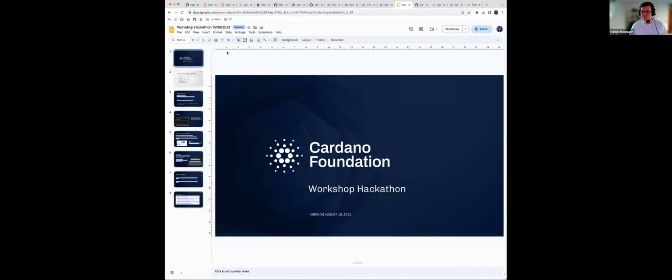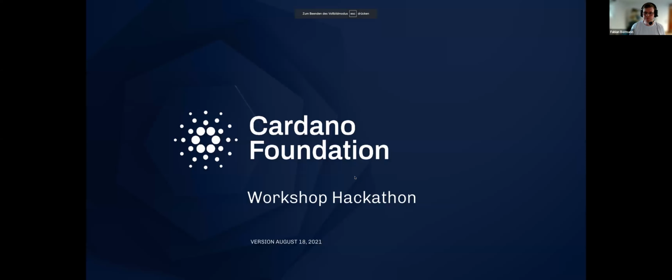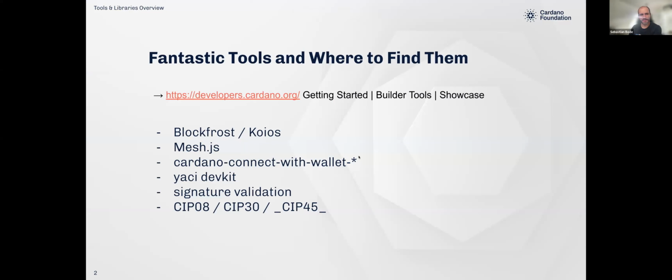Yeah. Got it. So then let me share the presentation. Okay. Can you see my screen? Yes. Okay, super. Then I will just start. I don't know if it works in slideshow mode. Looks good, Fabian.